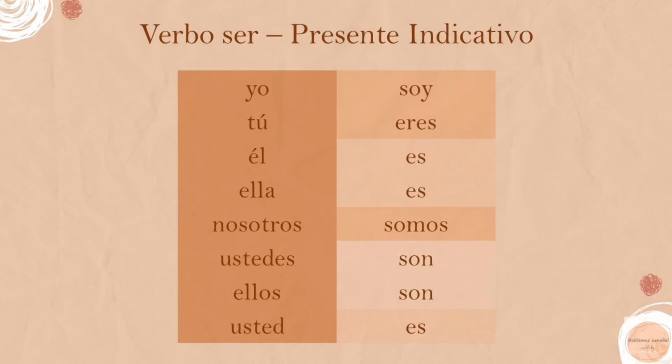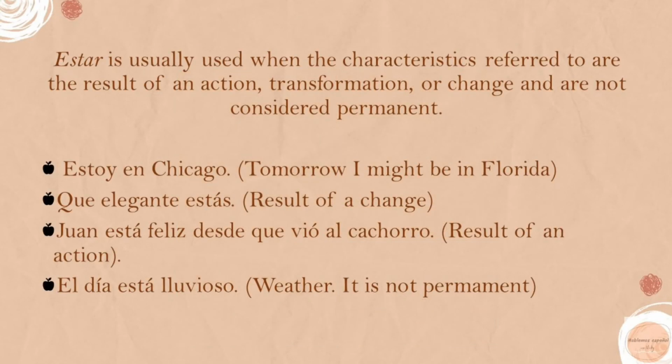You can see that I put he, she, and you as respect in one color, while I put they and you as referring to a plural of the second person in a different color. In the future, you're going to see that these people will always use the verbs conjugated in the same way. Es, son, son.